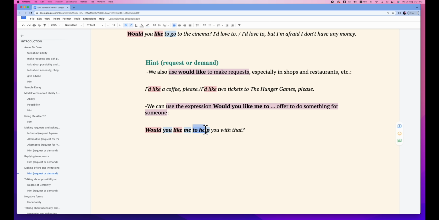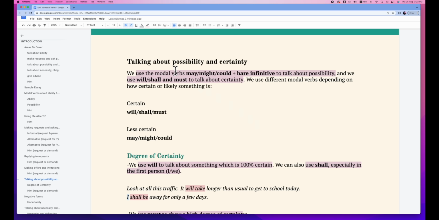Then using modal verbs to talk about possibility is even more confusing. But here is some way to help us clarify it. Let's take a look. Use modal verbs like may, might, and could plus bare infinitive to talk about possibility. And we use will, shall, and must to talk about certainty.